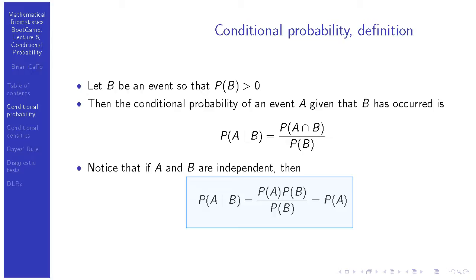That is, the information about whether B has occurred is irrelevant to the calculation of the probability of A. This matches our intuition as to what independence means, and it's nice that the mathematics works out that way.